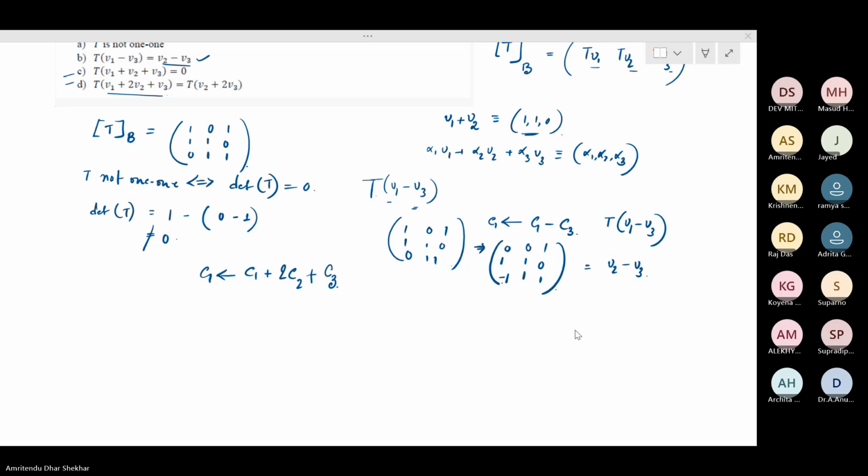Just give me 1 second. I'm not able to find it.